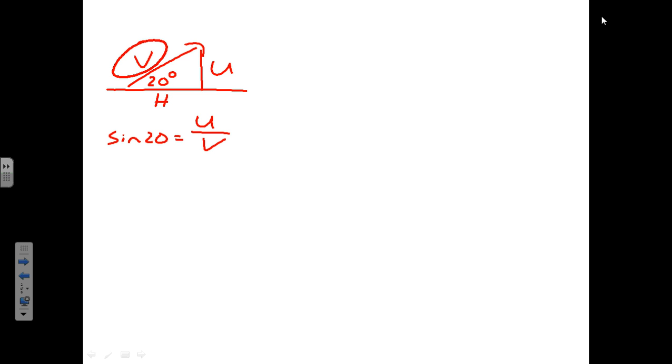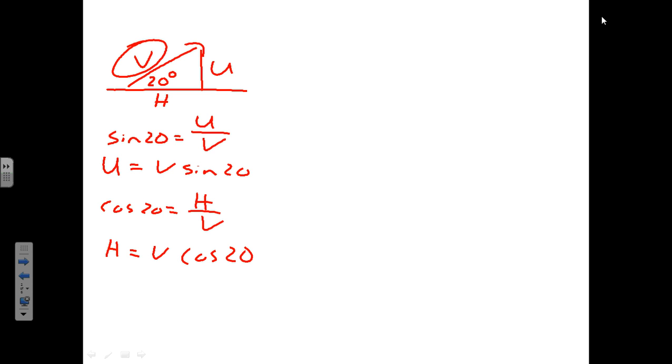This is actually what I'm looking for in this problem, this speed. Cosine of 20 is going to equal H over V. So let's solve those out. My up component equals V sine 20, and my horizontal component equals V cosine 20.